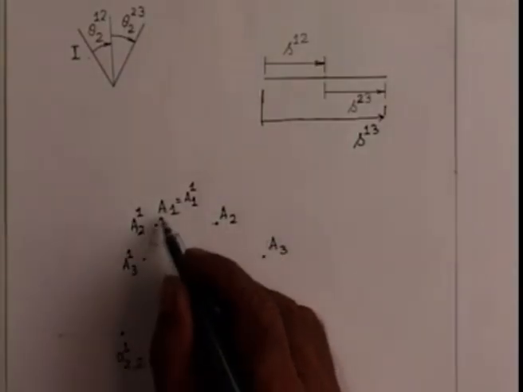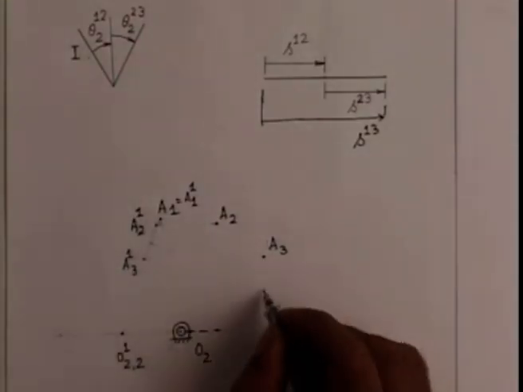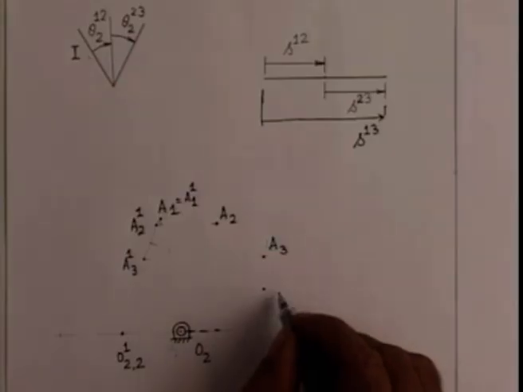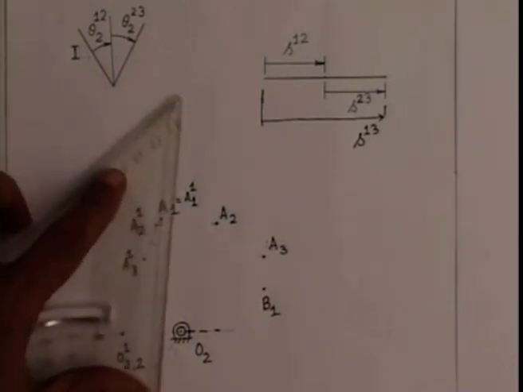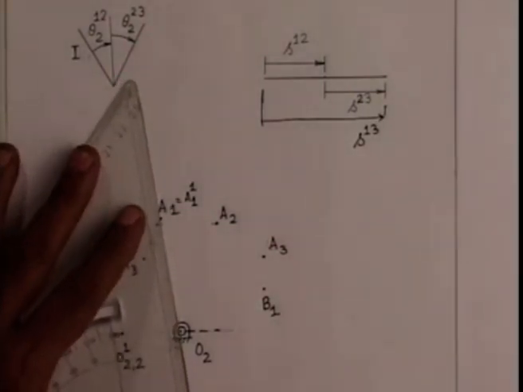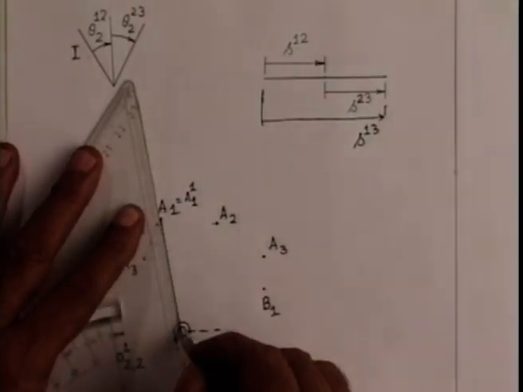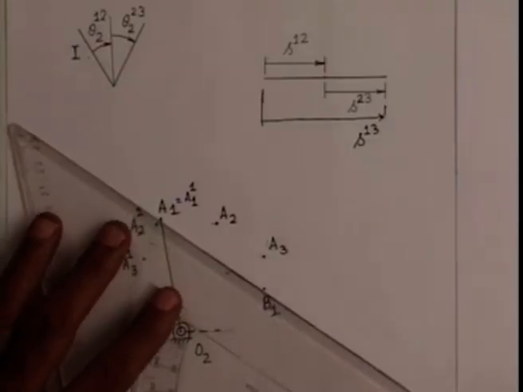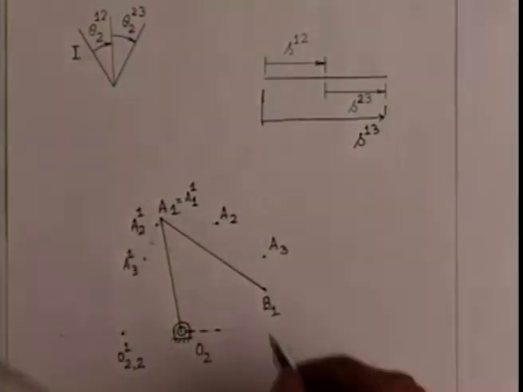Now we can easily find the center of the circle passing through these 3 inverted positions of A, and we get the point B1. Accordingly, I have designed the required slider crank mechanism as O2 A1 B1.